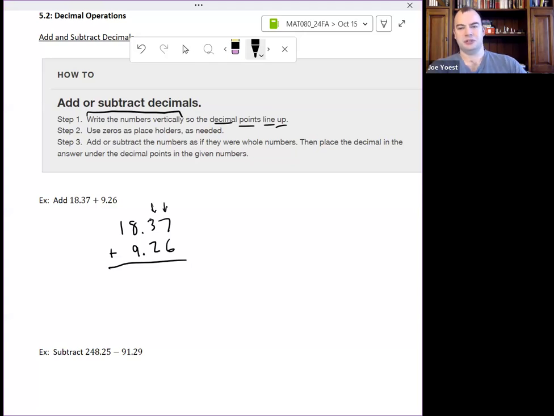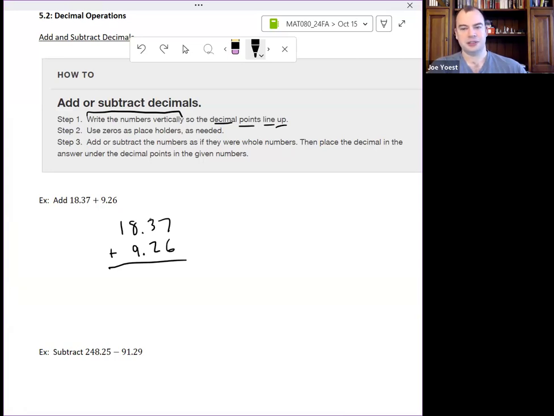This is the same as saying I have 1,837 hundredths, and to that, I want to add 926 hundredths. So we are literally adding together 1,837 of something and 926 of that same thing. Those things just happen to be hundredths.